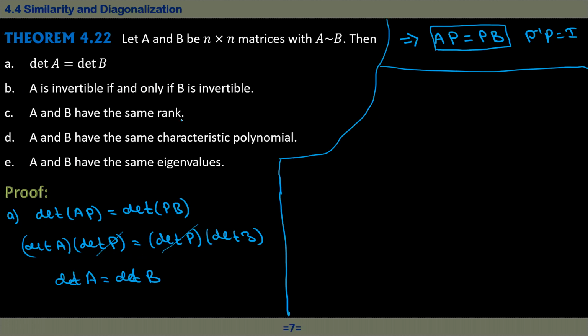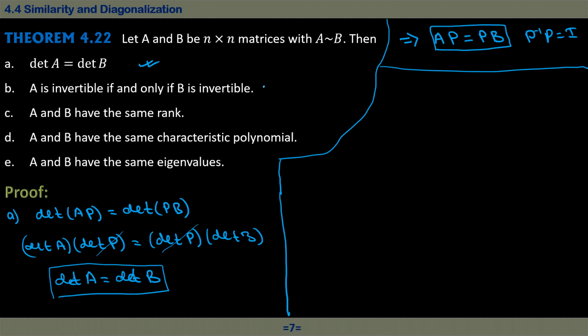Right? We can see that since the determinant of A is equal to the determinant of B, if the determinant of A is not equal to 0, that means A is invertible, that means the determinant of B is not equal to 0, which implies that B is also invertible. If the determinant of A is equal to 0, that means it's not invertible, that means the determinant of B is equal to 0, which implies that B is also not invertible.